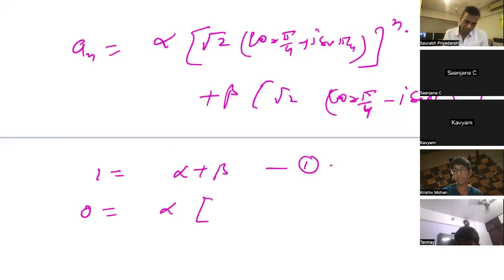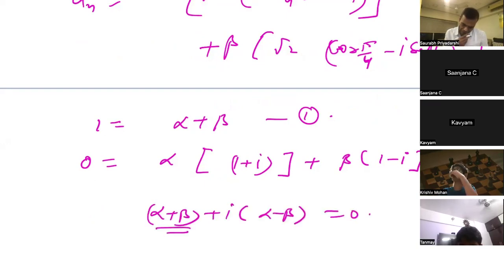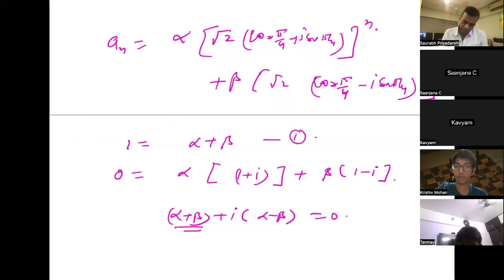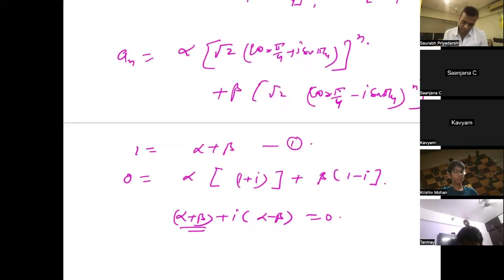When I put n equal to 1, this gives 0 equals alpha times (1 plus i) plus beta times (1 minus i); there is no use of root 2 in this case. Alpha plus beta is 1. So this is alpha plus beta plus i times (alpha minus beta) equals 0.